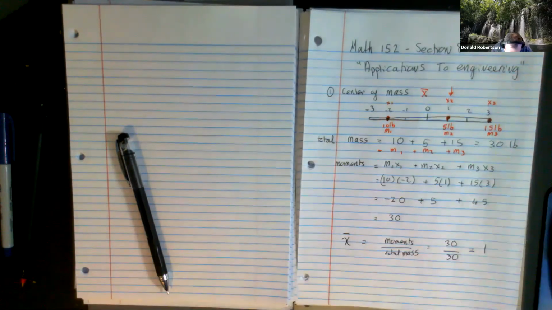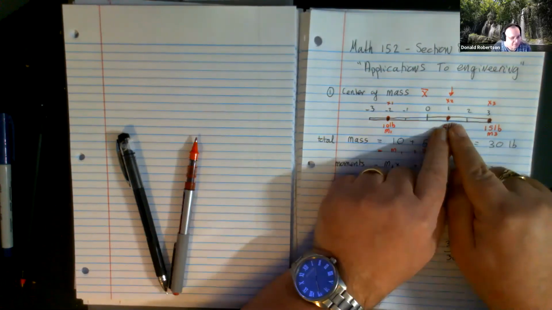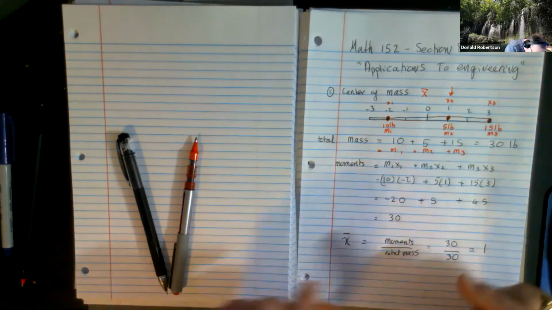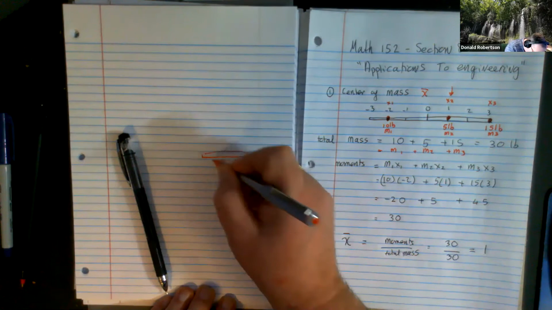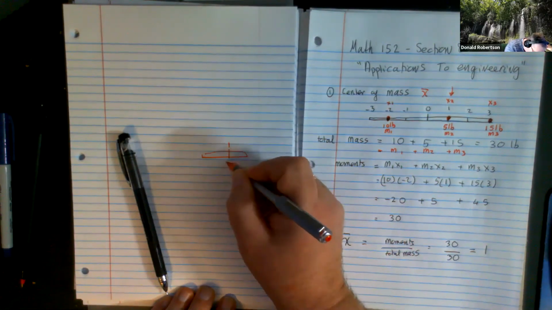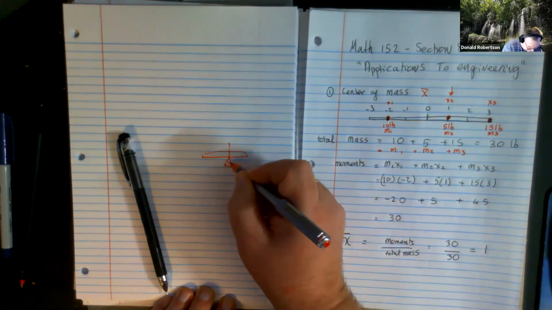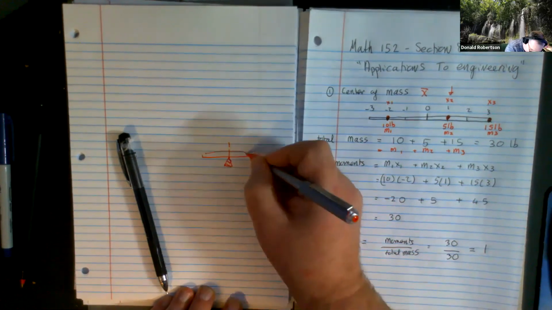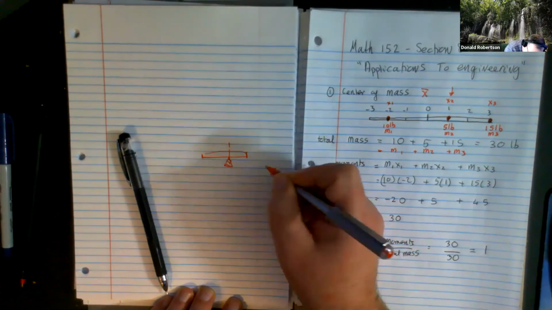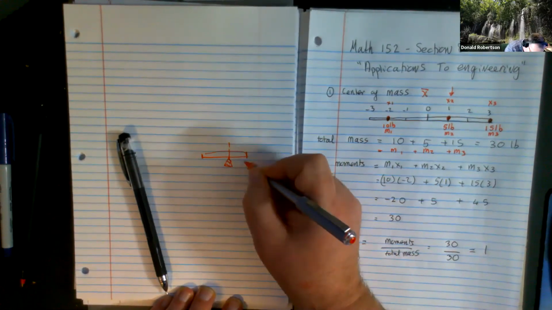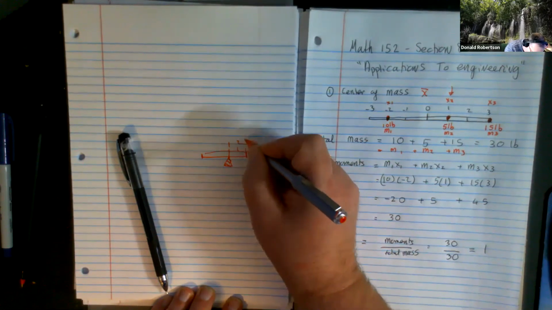So if you wanted to balance this, imagine it looked like this. At position X equals 1, you'd put your little triangle thing, and this guy would balance that guy. Now you might say, oh, at this side here, at position 3, you've got 15.